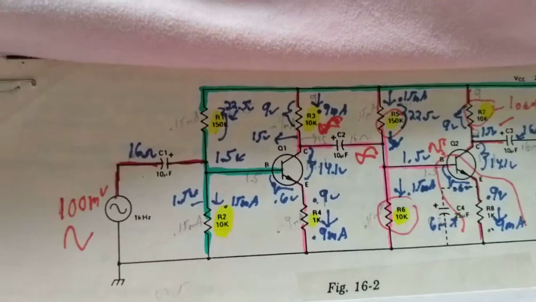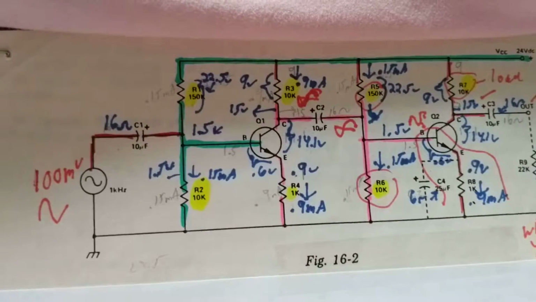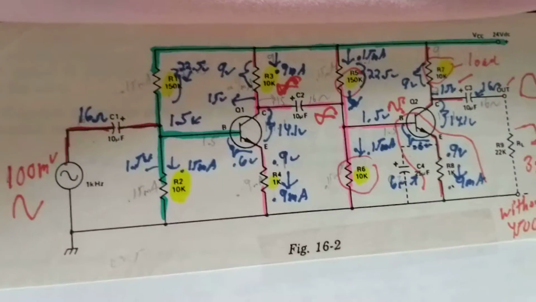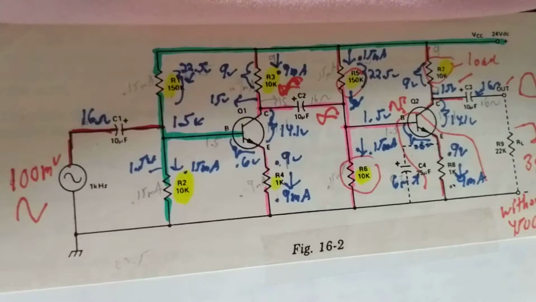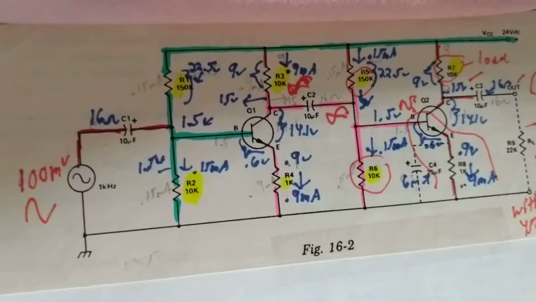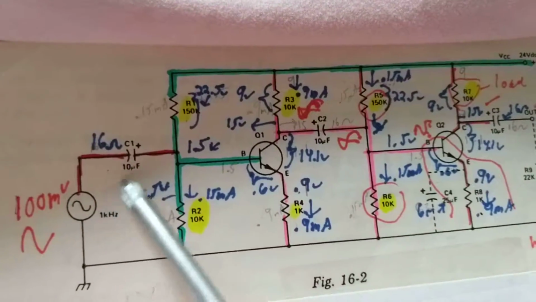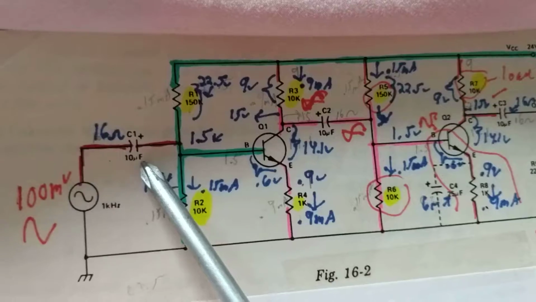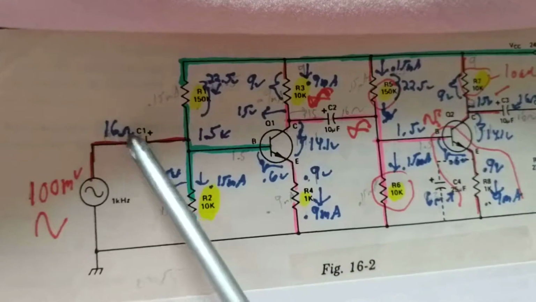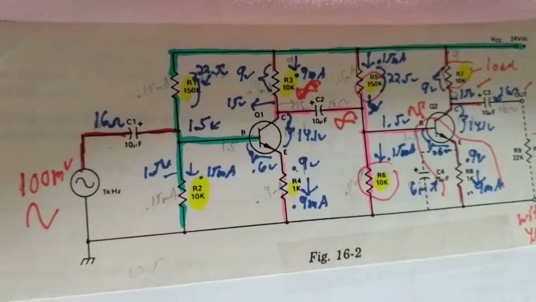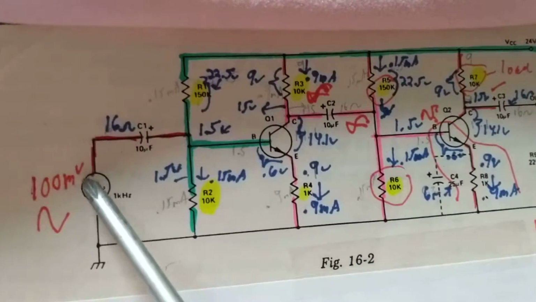Now, main point. Capacitor. We want a capacitor to be low impedance, almost like a short. You know, a capacitor blocks DC after it gets charged. For AC, it's like a short circuit. So we came up with a value, 10 microfarads, that will give us a very low impedance or reactance at the frequency that we're going to send.